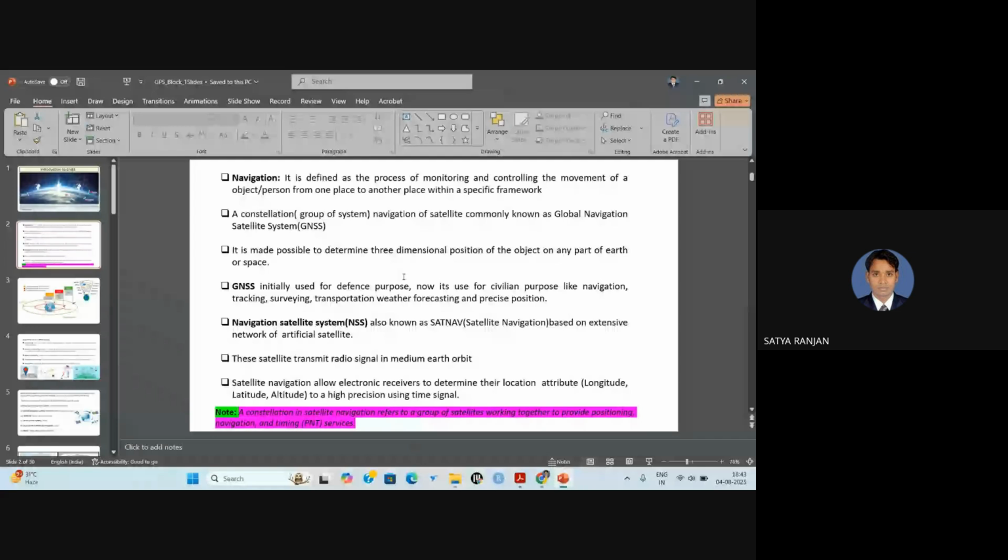So specifically, DGPS system is used for precise position estimations.